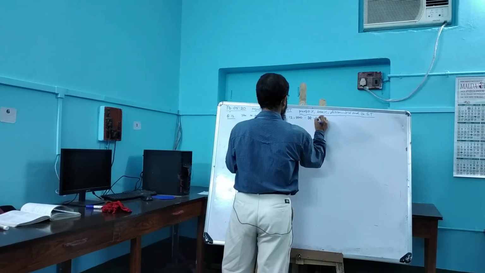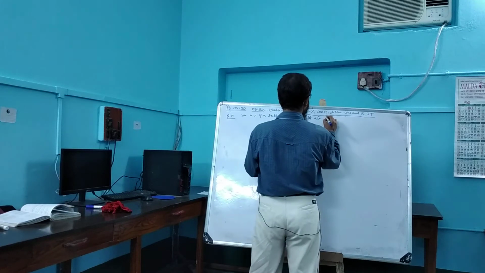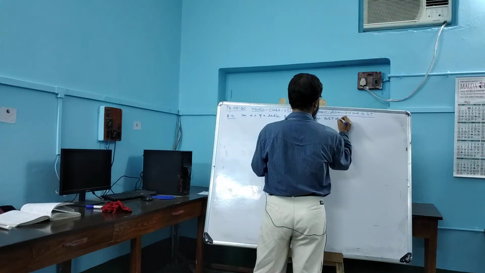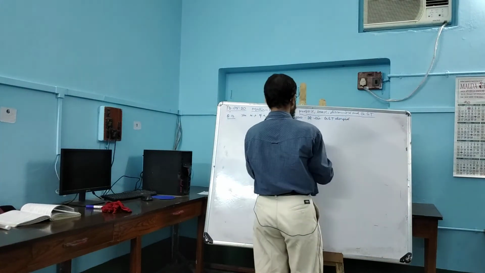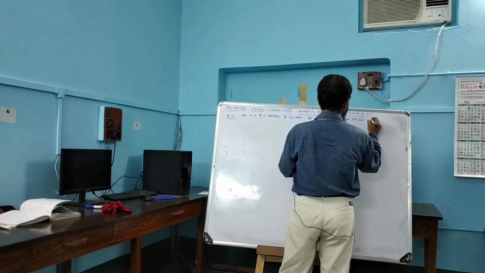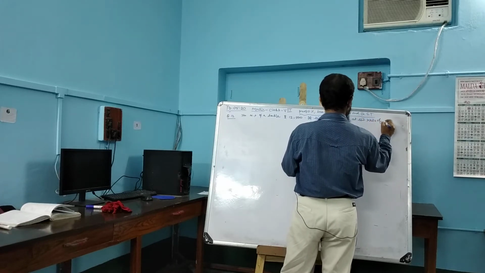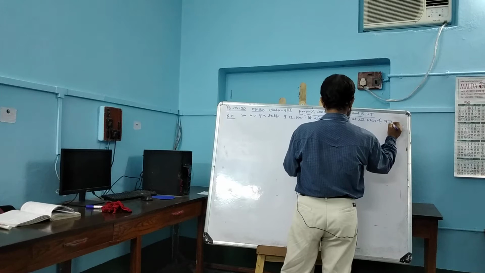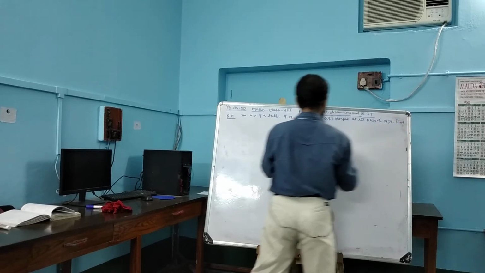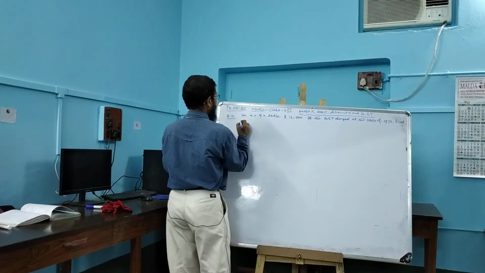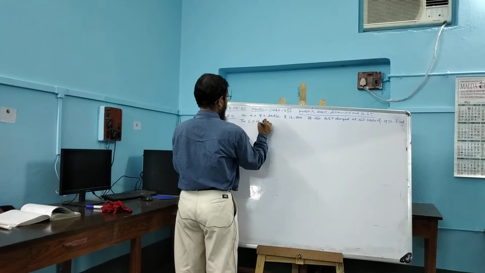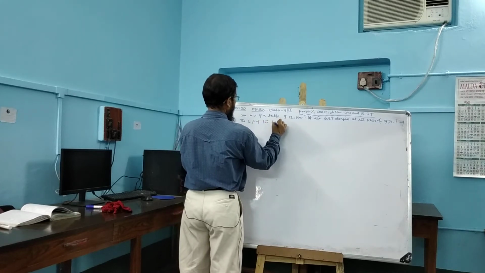If the GST is charged at the rate of 9%, find the SP of the table.